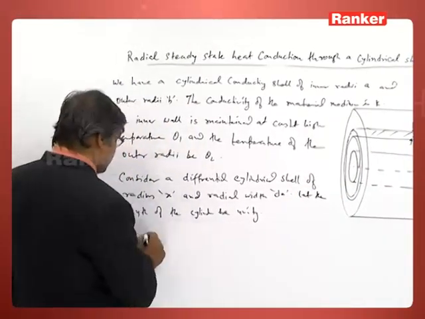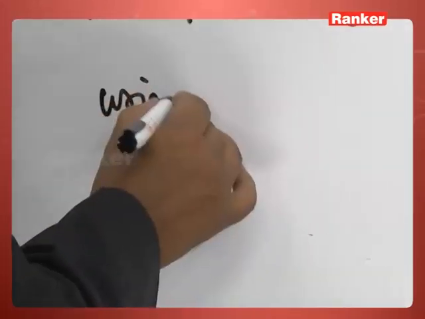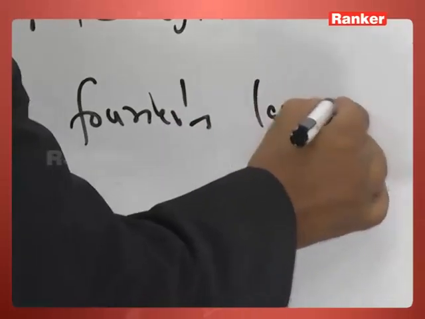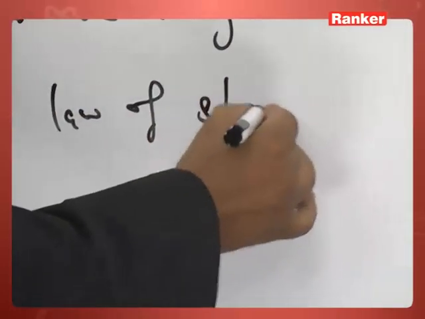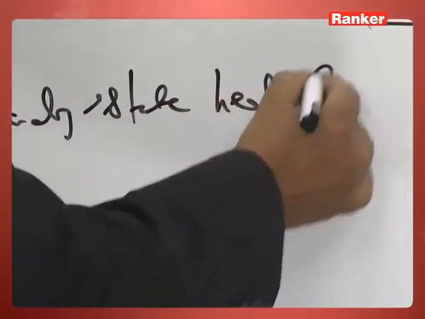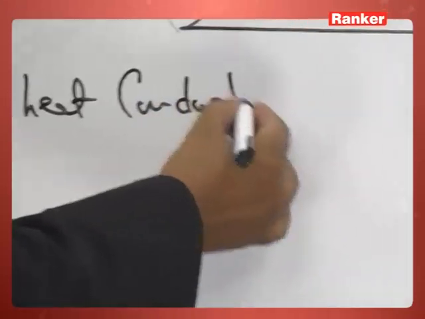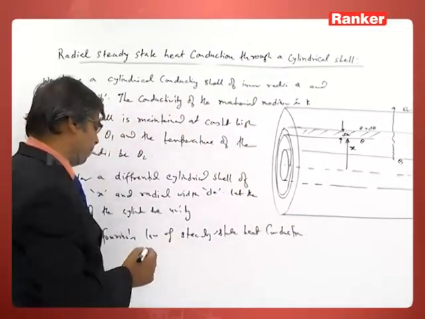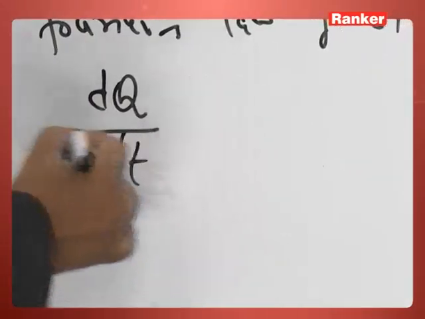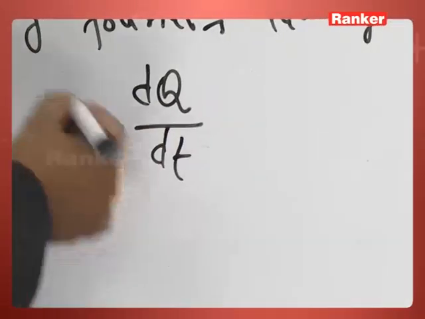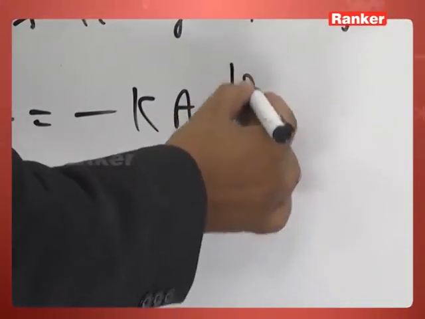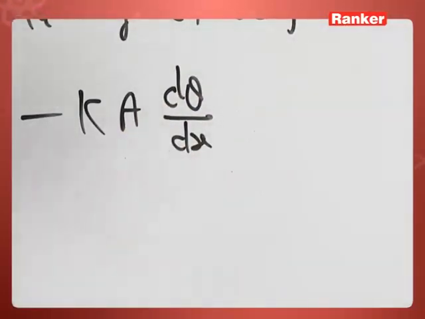So, using Fourier's law of steady state heat conduction, the rate of heat flow dq by dt, which I will write as I, is equal to minus KA d theta by dx.